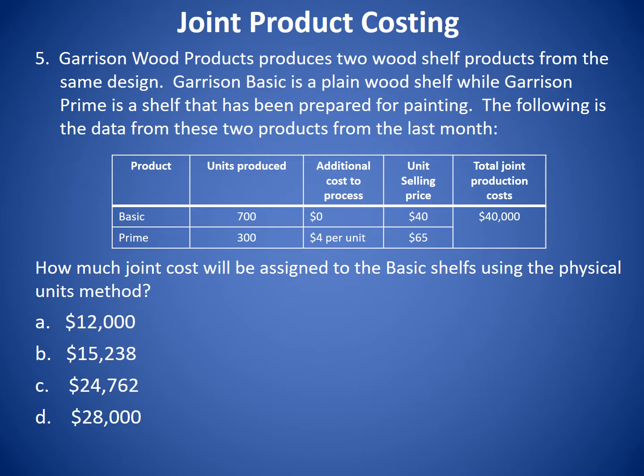We show our Basic and our Prime. We show the number of units produced, if there's any additional cost to process, and the selling price per unit, and we also have the total joint production cost to come up with the Basic model and the Prime model together. So how much joint cost will be assigned to the Basic shelves using the physical units method?